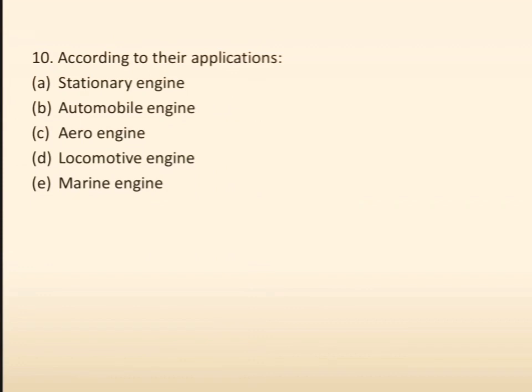Now according to their applications, stationary engines, automobile engines, aero engines, locomotive engines and marine engines, these are all specified based on their requirements and uses in a particular industry or application.